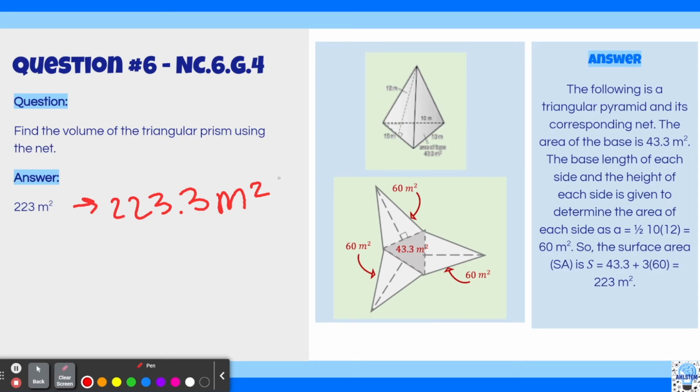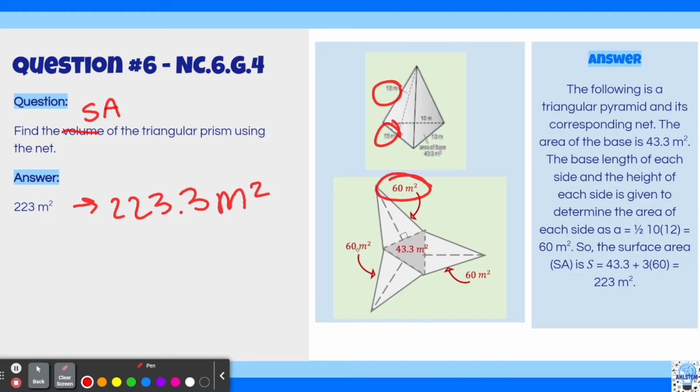So here's how we do it. We have our given lengths here, and we know that the volume of the area of a triangle is, oh, I'm sorry, this is supposed to be surface area, not volume. My bad. So we know that to find the area of a triangle, it's base times height over 2. So we have our base and we have our height. And that is what gives us 60 meters squared.